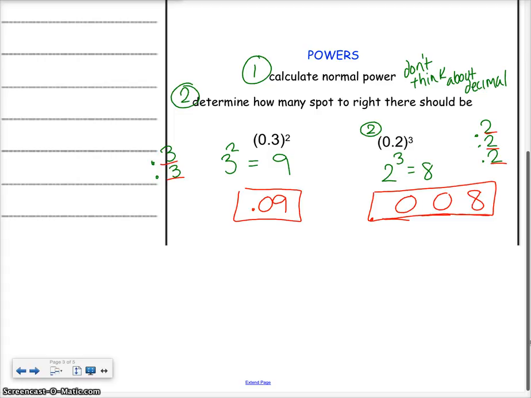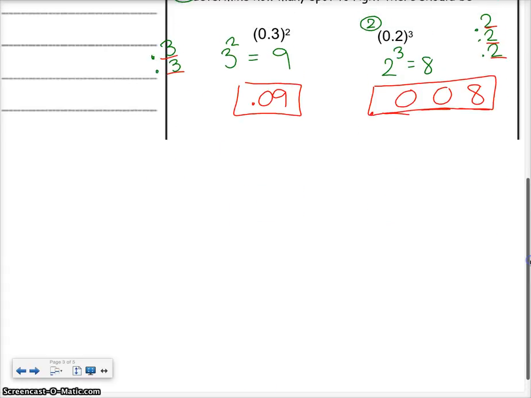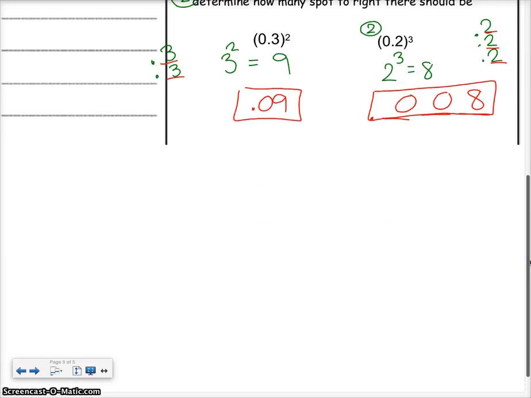One that I have noticed students get a little confused about is when you have something like 1.2 squared. So 1.2, and I think what confused them is what number should I use? You just don't even look at the decimal. So my number is 12. So I'm going to say 12 squared is 144.